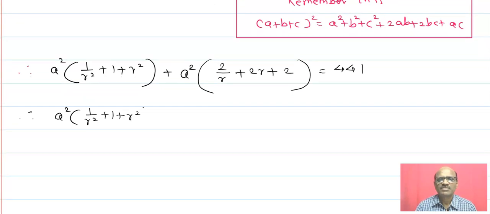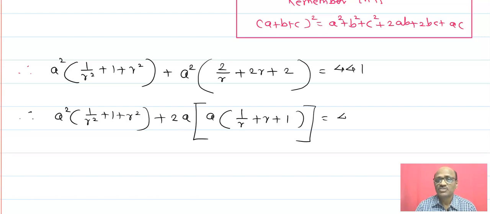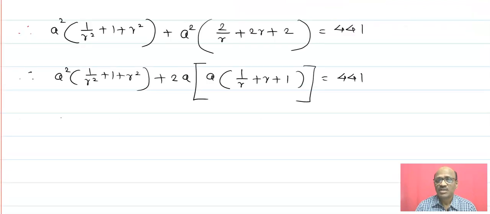Therefore a square in bracket 1 upon r square plus r square, that is, plus 2a. Take the 2 as common: a square in bracket 2 upon r plus 2r plus 2 is written in this manner. That's a 2a in bracket a in bracket 1 upon r plus 1 bracket complete is equal to 441.